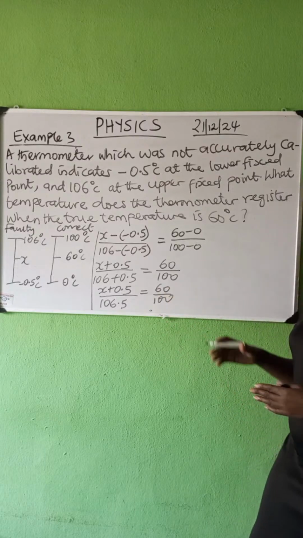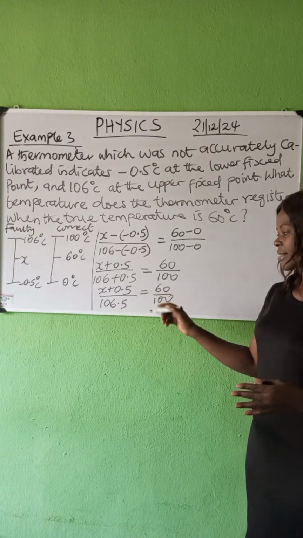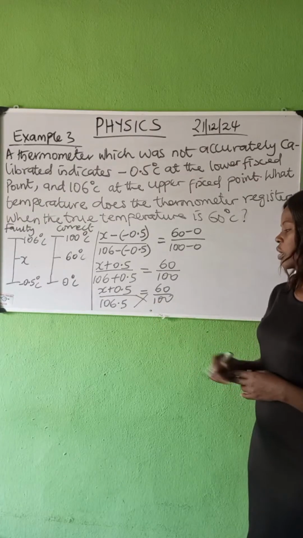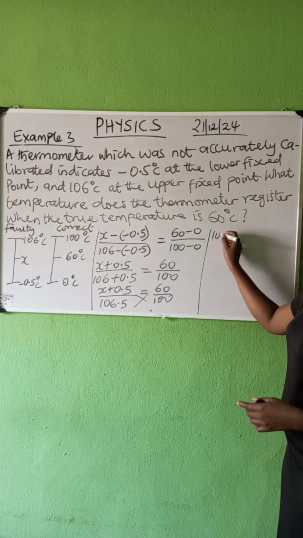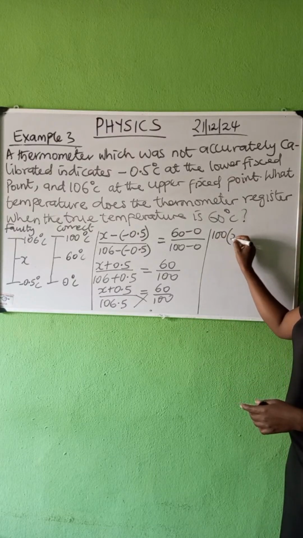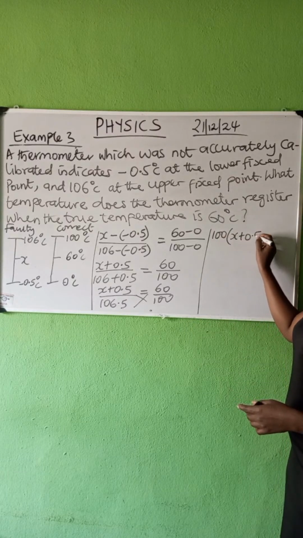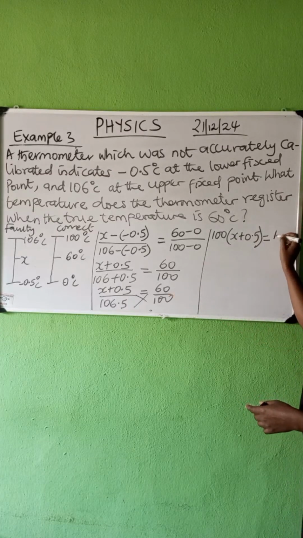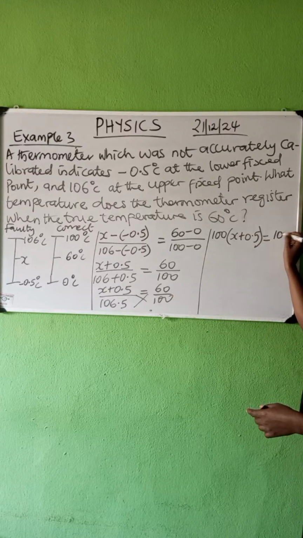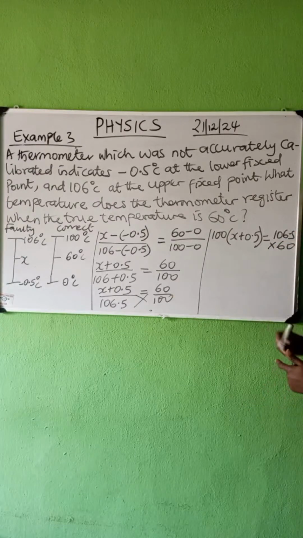Is that clear? Because you're looking for the x, which is the unknown temperature, let's cross multiply. This is 100 bracket x plus 0.5, right? Now it is equal to 106.5 multiplied by what? 60.